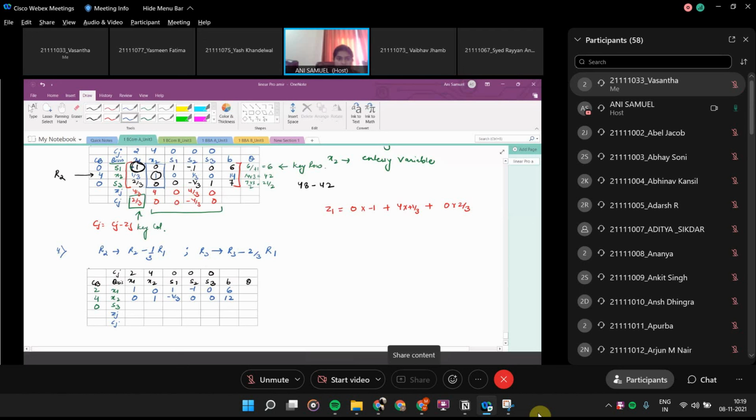I made some mistake here in the second row. 1 by 3 minus of minus, plus 1 by 3, so that becomes 2 by 3. Okay, next one is R3 minus 2 by 3 R1. So this is 0. This is 0. This is minus 2 by 3. Minus 1 by 3 plus 2 by 3, so this becomes 1 by 3. This is 1. This is again 7 minus 4, which is 3. Fine.